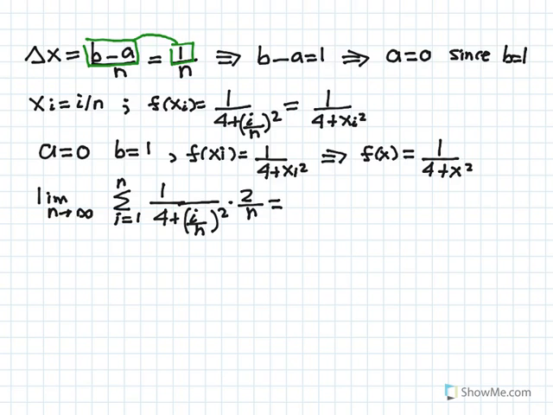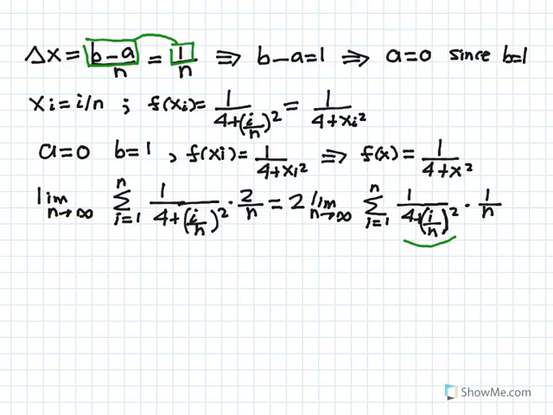If we factor out the 2, we get 2 times limit n goes to infinity, i goes from 1 to n, 1 over (4 plus i over n) squared times 1 over n. It's clear that this part is f of xi. That's the functional values. This part is a real delta x, and that's the reason for factoring out the 2 and putting it into the front.